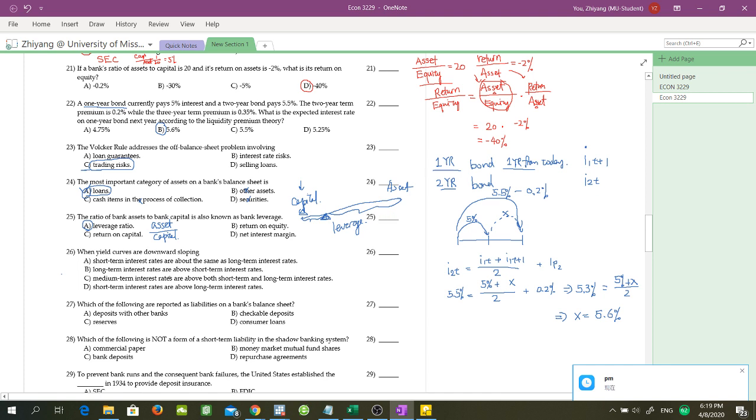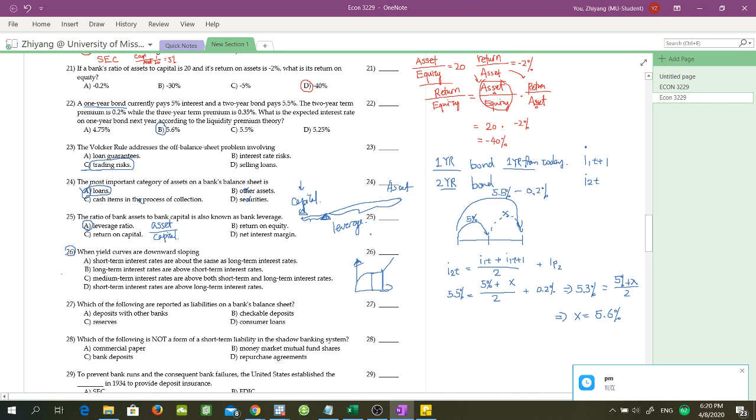Question 26. When the yield curve is downward sloping, what happens? This is a direct question about whether or not you understand the yield curve. It is simply a curve that reflects the yields for bonds with different maturity.